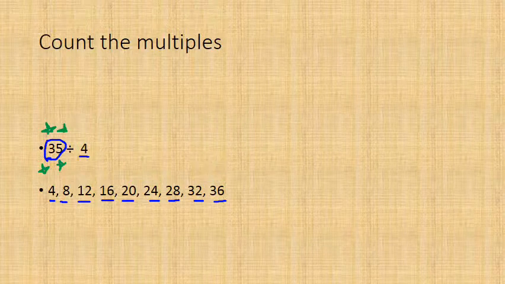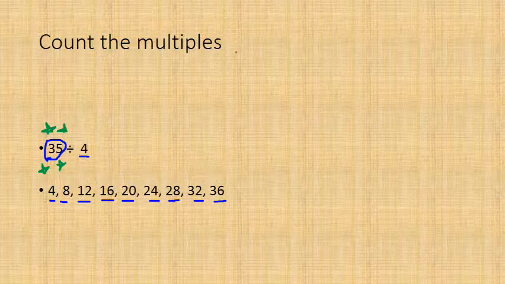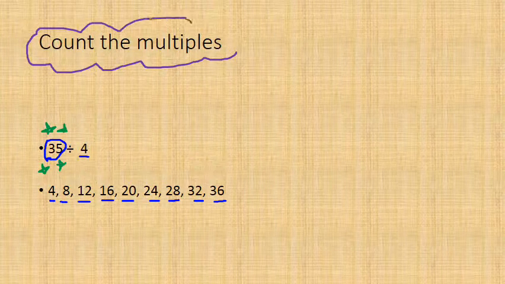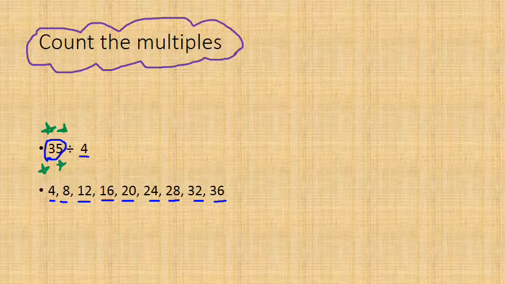When do we stop? That's right, we stop after getting bigger than the circled number, and then we count our multiples. This is harder than it sounds. It's really easy actually.